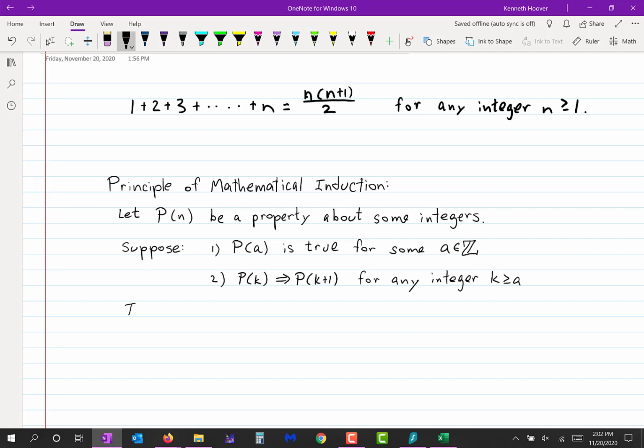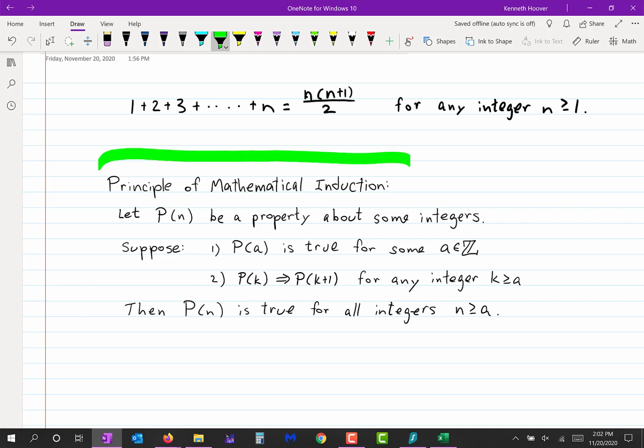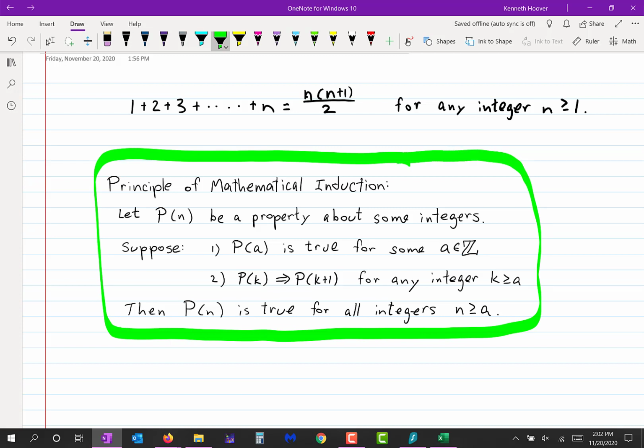Okay, then in that case, P of n is true for all integers starting with A. That's the principle of mathematical induction. Okay?